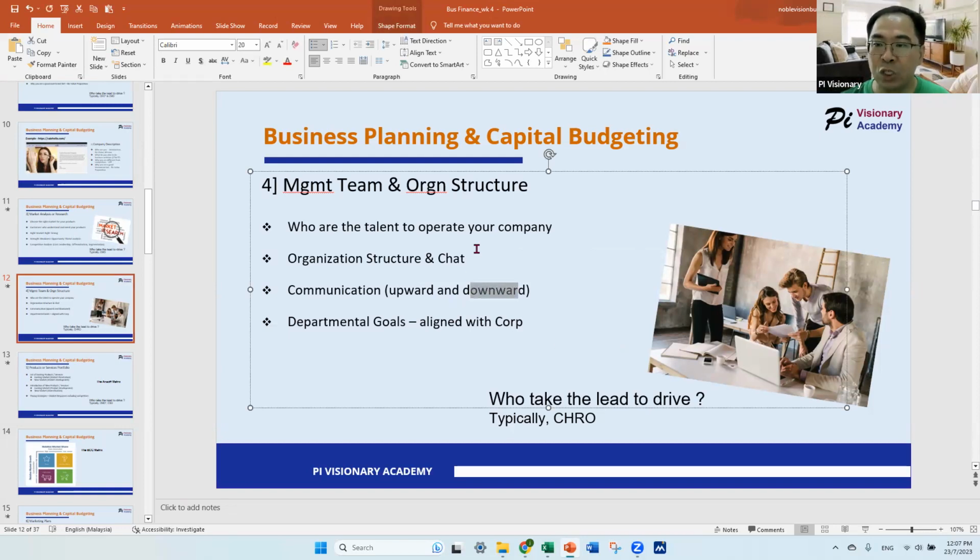If the objective does not make sense, or the objective from the top is too hard, for example, the sales growth for next year, year 24, is 50% higher than this year.